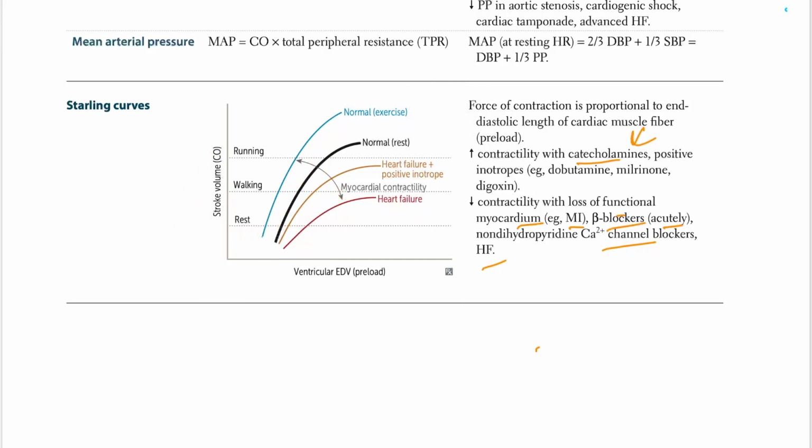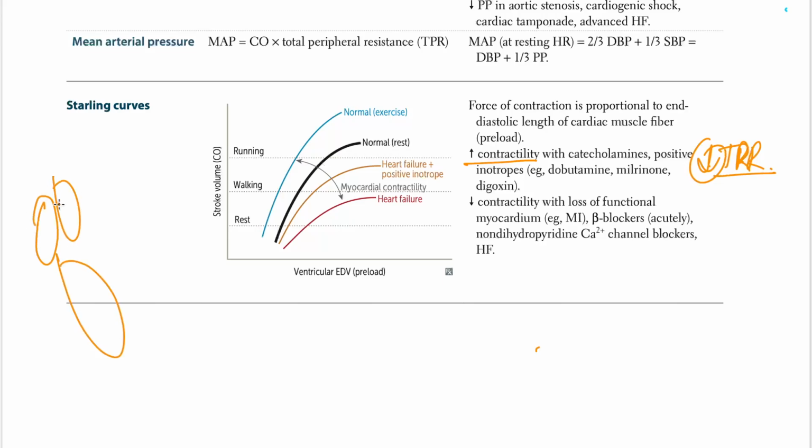Something extra: they're saying just the increase in contractility, but the second thing you have to know is that this is not just one thing. It also depends on when you decrease the TPR. So two things: either you increase contractility, or you decrease TPR. What is TPR again? This is a simple thing, but very high yield. You have right atrium, right ventricle, left atrium, left ventricle.